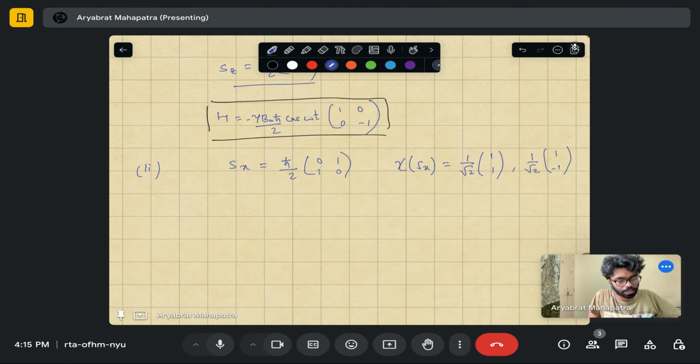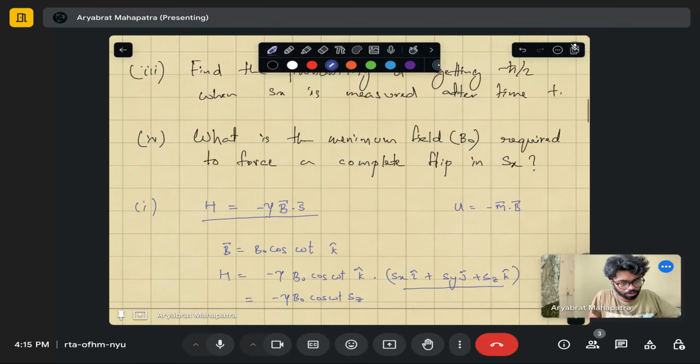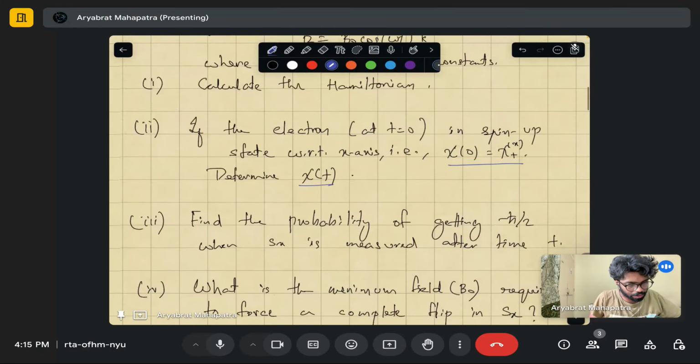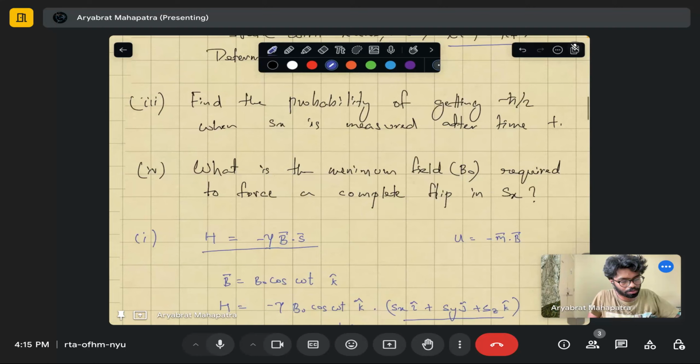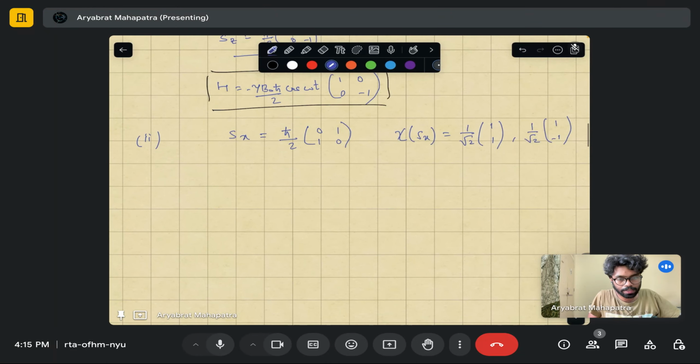In our second problem, it is given that the spin state was initially found in the Sx eigenstate. So we are looking at the x component of the spin, whose eigenvalues are given by this.